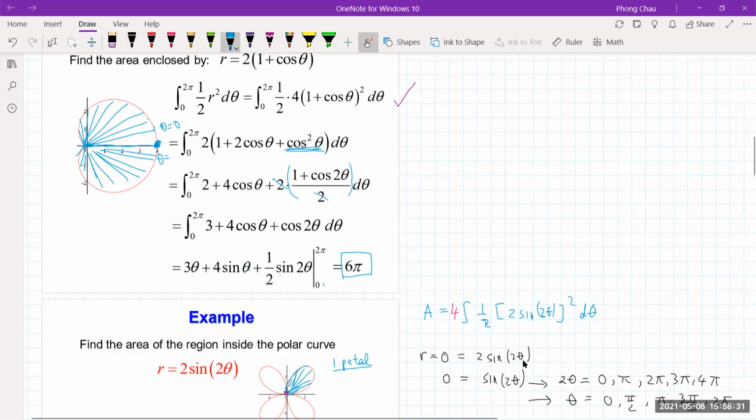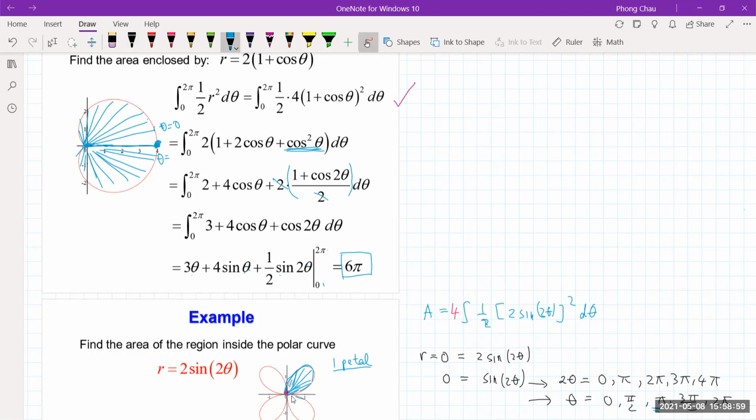When theta equals pi half, the graph has come back to the pole the first time, when r equals 0 again, right? So we are here. And then the graph, if you graph and calculate, makes another run and goes back to the pole. The third time, this is when theta equals pi.